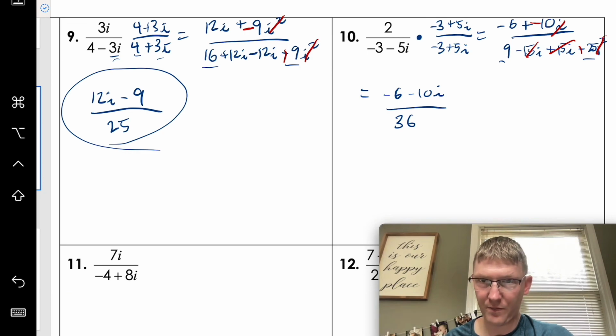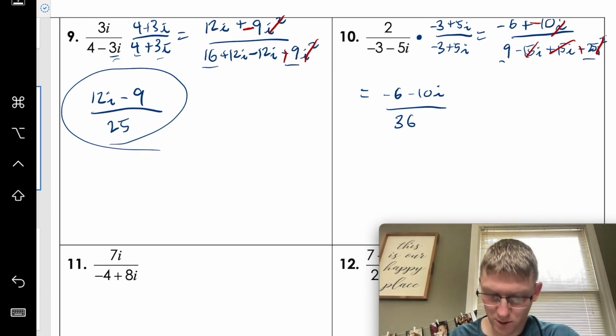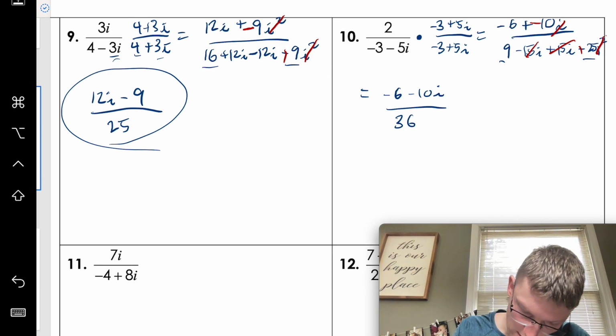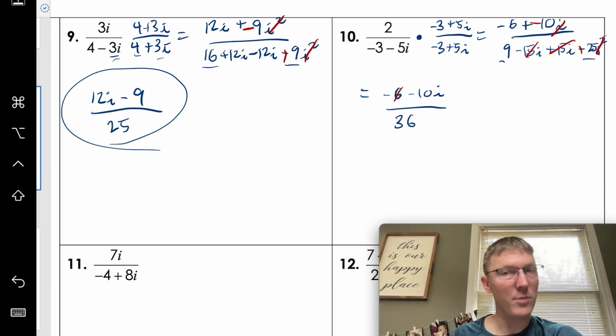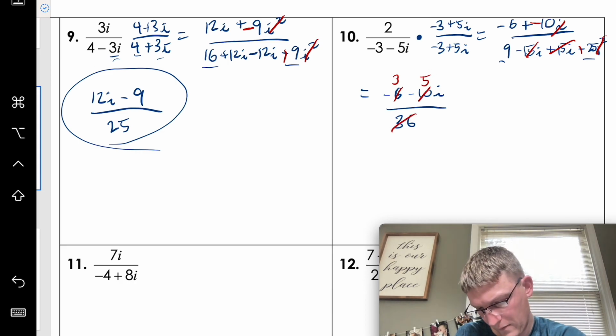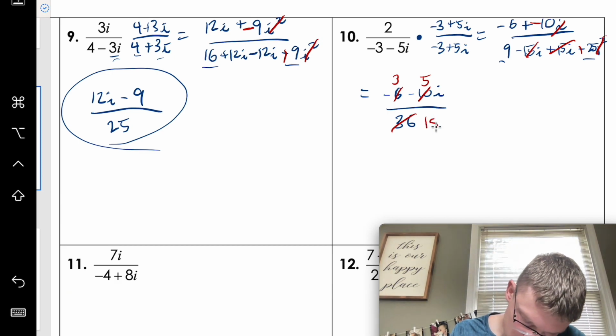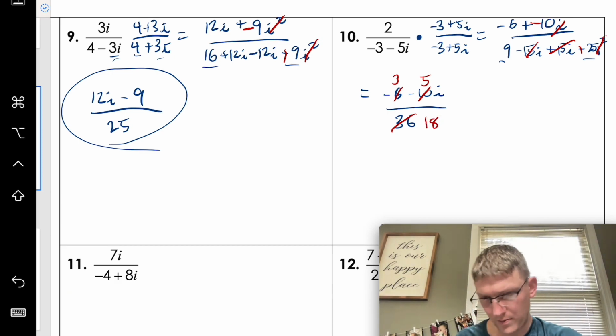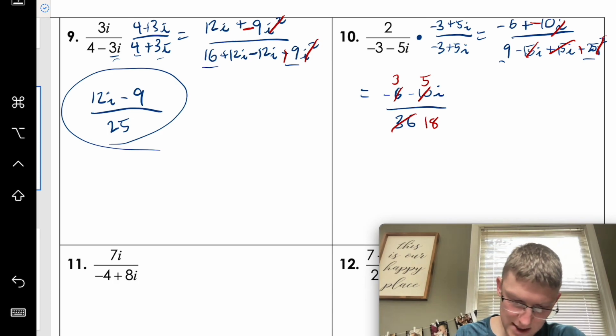From there, we can pull out my favorite number in the world. Number 2. It's the only even prime number. So we're going to have 3, 5, 18. I knew that. I was just testing you. And that's going to kind of be our answer.